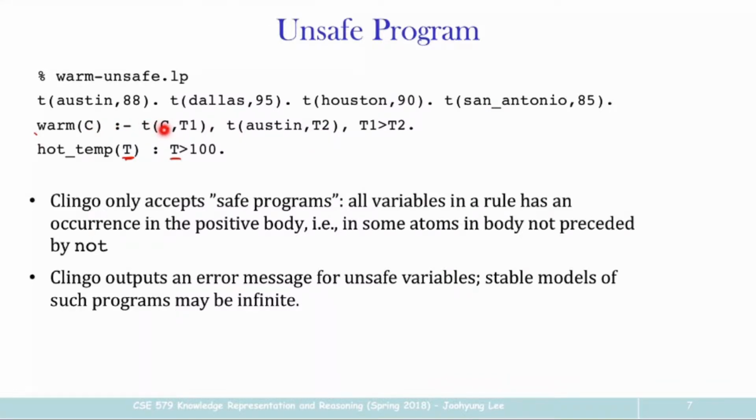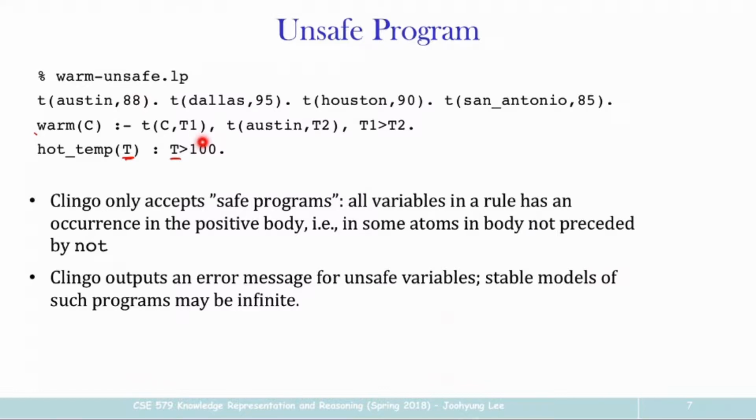For the rule to be safe, this C must have an occurrence in the positive body, which means it should be in an atom in the body that is not preceded by negation. So of the two occurrences of C, this one makes the rule safe with respect to C, because C has an occurrence in an atom in the positive body.